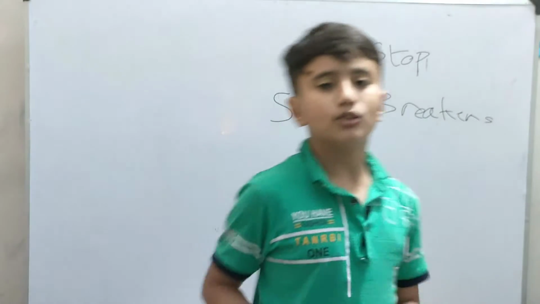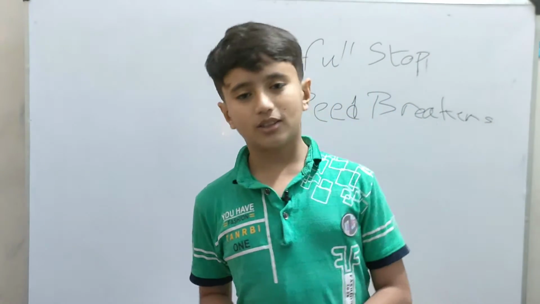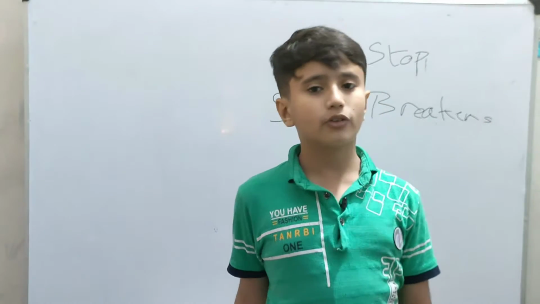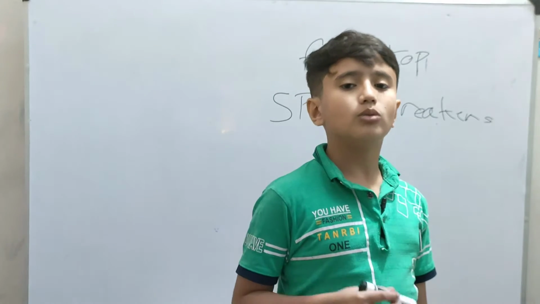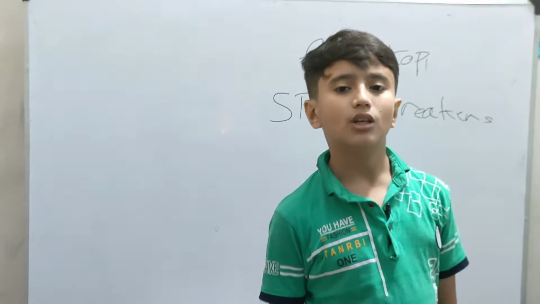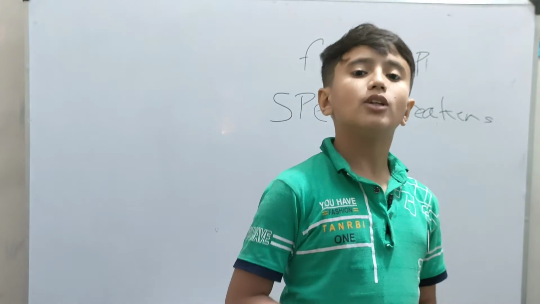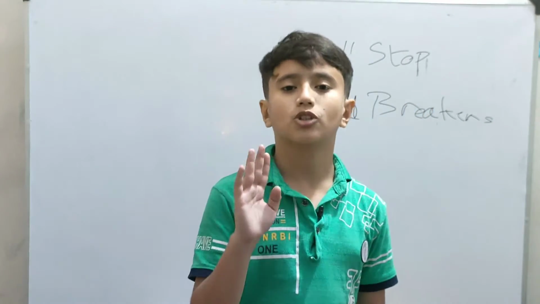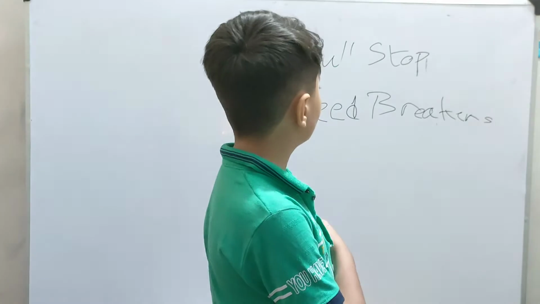So a full stop means when you suddenly stop talking. These are the literal meanings, not the dictionary meanings. Both of these have two meanings. The full stop means that when you're talking, you suddenly leave your sentence and say, this is all for today, thank you so much, and you leave the place or you leave your topic.